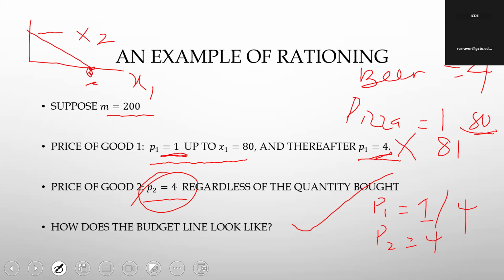Let's assume Russians use cedis. So if I buy 80, I pay 80 cedis. But I need more than 80. Government is saying the excesses that you buy, you have to pay 4 cedi for each and every one.